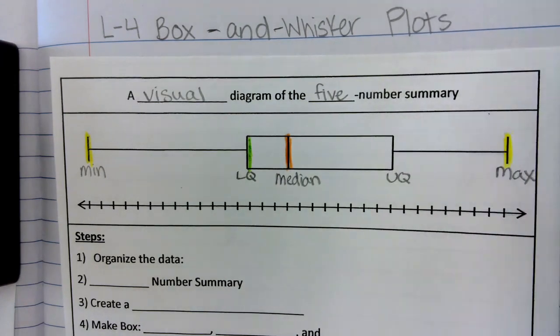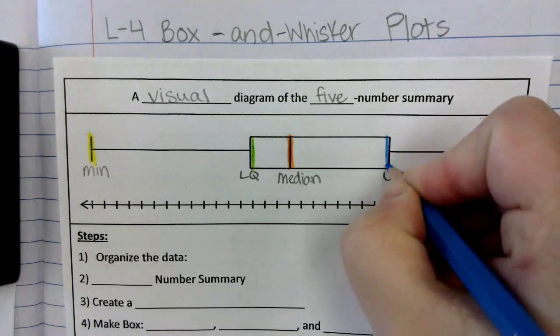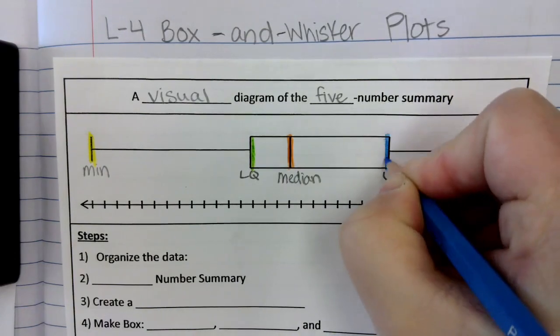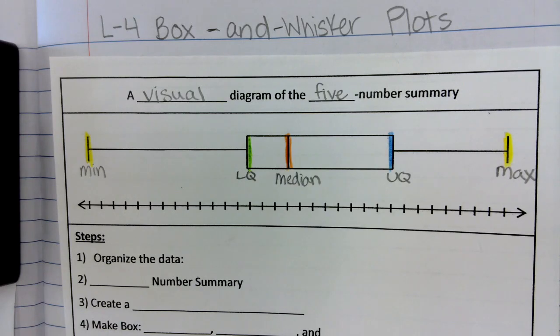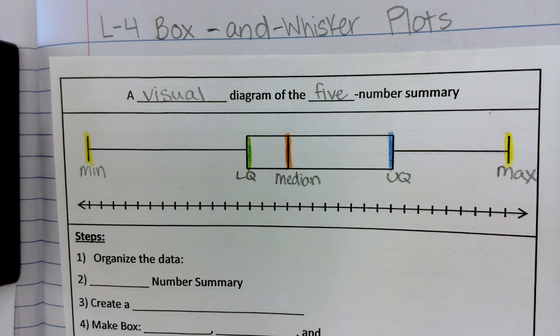Now, lower and upper go together. We like to use those words if you're presenting this information to someone who doesn't know a lot about, or maybe who doesn't do stats a lot. You would use lower and upper to describe it so they know where it is in the data. But if you're talking to other math people, other statisticians, what might you use instead of lower quartile and upper quartile?